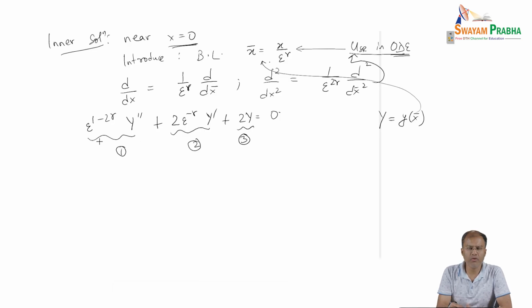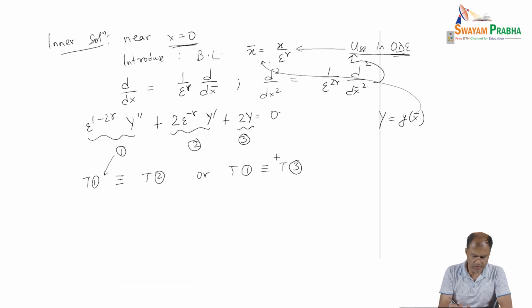Of course we need to retain term number 1. So term number 1 could be equal in order to term number 2, or to term number 3, and again we can use the consistency check. Case 1 is when terms 1 and 3 have the same order.